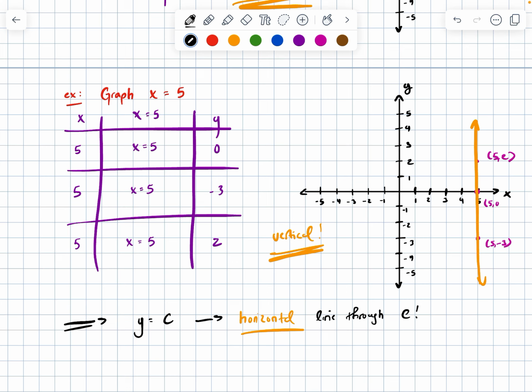So in this case, if y equals 3, it's going to be a horizontal line through y equals 3. If x is equal to some constant c, instead what I would say rather than horizontal, now I'm saying I'm not moving to the left or right. The x value is always going to be the same, so I could move up or down, but I can't move left or right. This is going to be a vertical line through whatever the x value of c is.